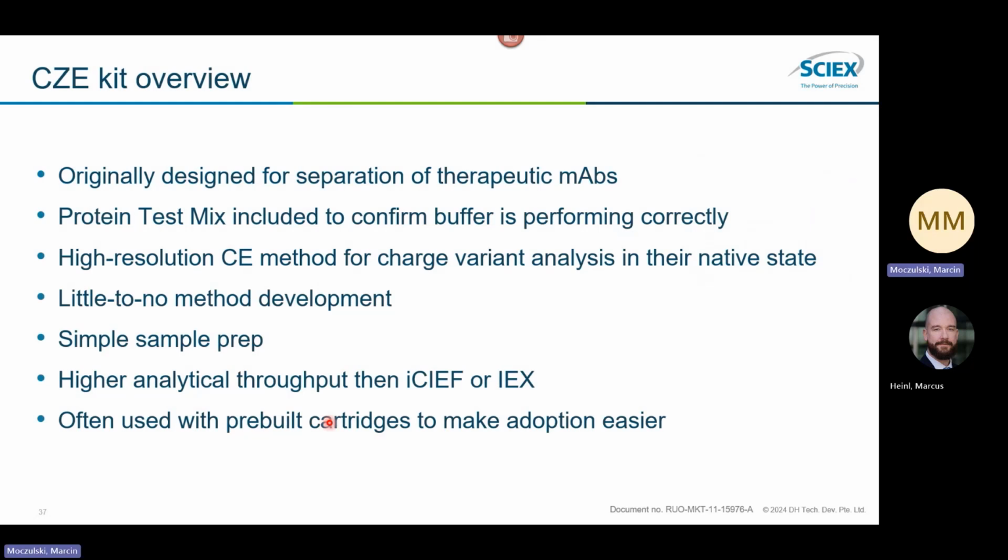The kit includes a protein test mix, helping us see the consistency of the kit, and allows a high resolution method for charge variants in the native state. It needs little or no method development, has very simple sample preparation, and gives higher analytical throughput than cIEF or ion exchange chromatography.